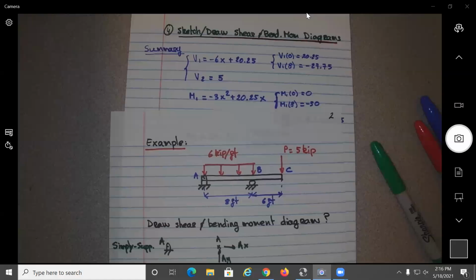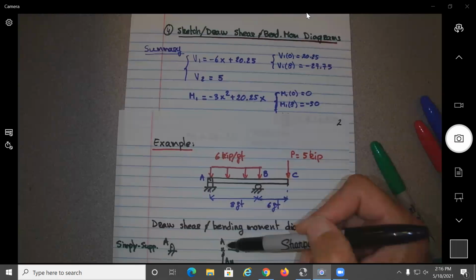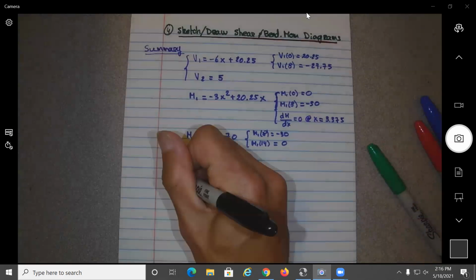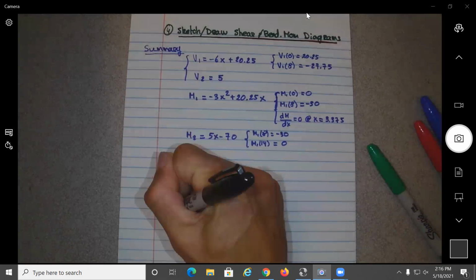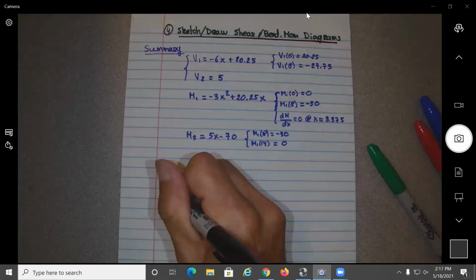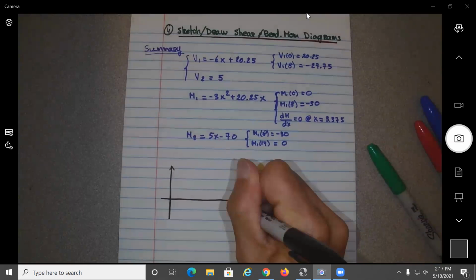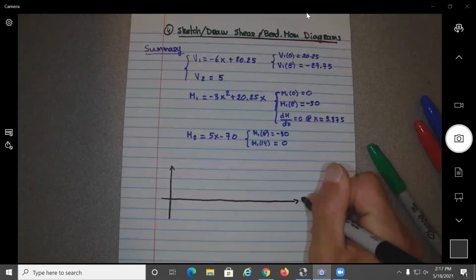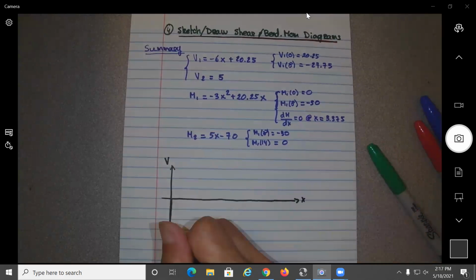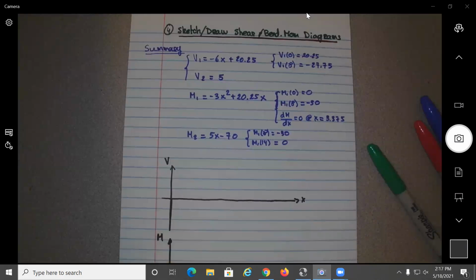And then what I'm going to do is start from this end over here, and I will do something like that. Okay, and this will be V with respect to X, but it would be Vx, and then I will do something similar again here for M. This would be Mx.